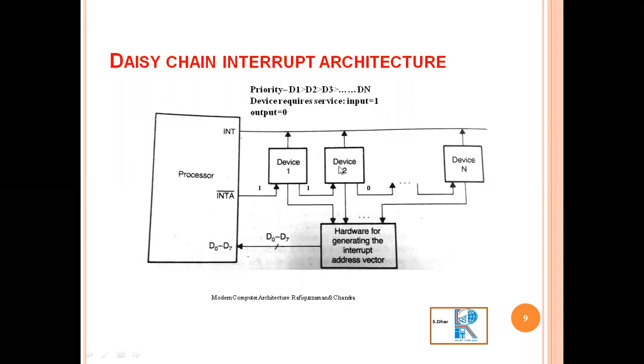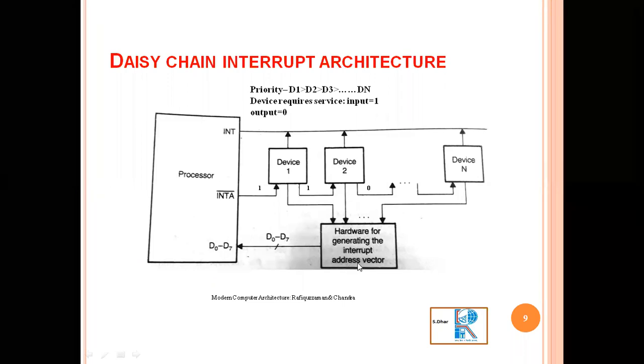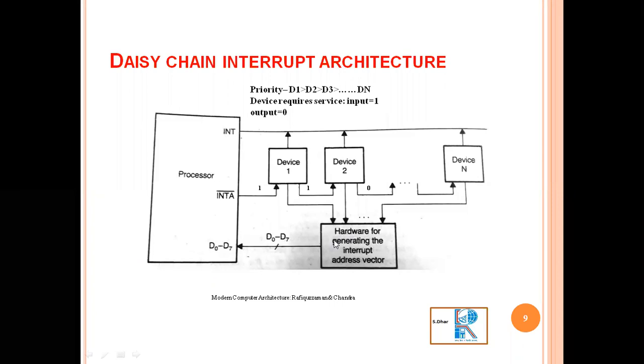So for device 2, it will generate the interrupt address vector. That means there is specific hardware which generates the particular address where the service routine for device 2 is written. In the polled interrupt, the service routine address is not generated from the device; the processor has to find out the service routine.